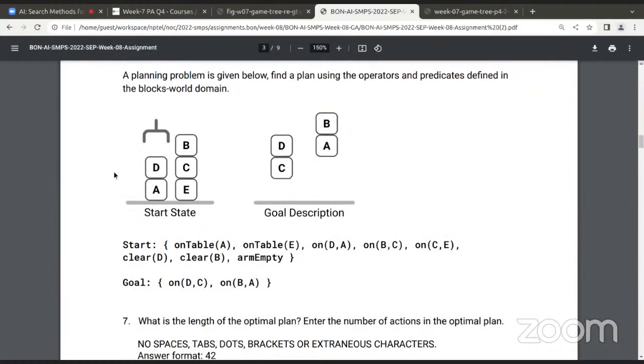You see the picture, the states on the screen now, the start state and goal state. If you pick up D from the start state, will it lead to an optimal plan?